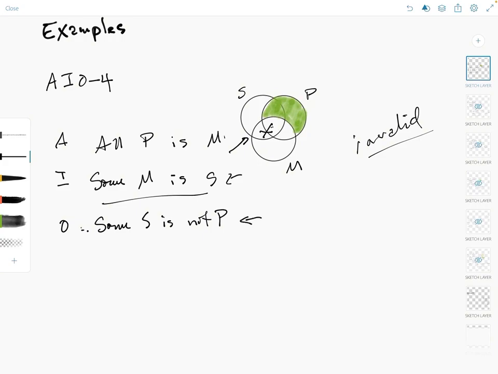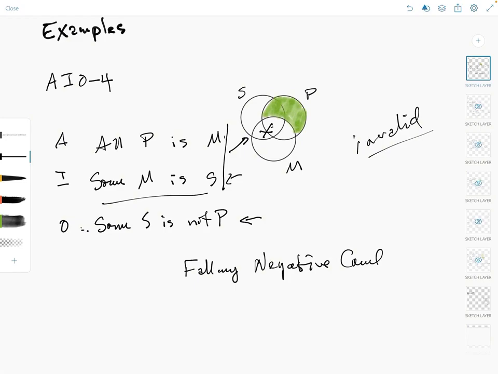We have a negative conclusion, but both the premises are affirmative. So this is the fallacy of drawing a negative conclusion from affirmative premises, or negative conclusion for short.